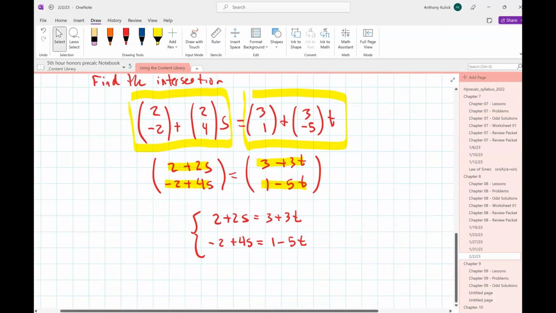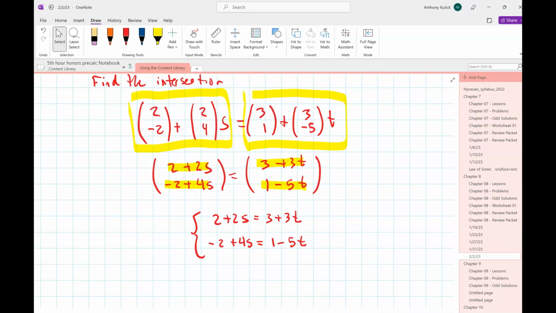I'm just setting the x components equal to each other and the y components equal to each other. And those have to be equal simultaneously, right? The same values of s and t have to make them equal at the same time. So that's why it's a system.